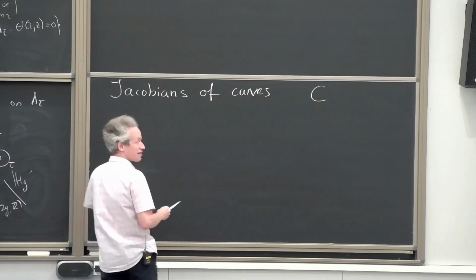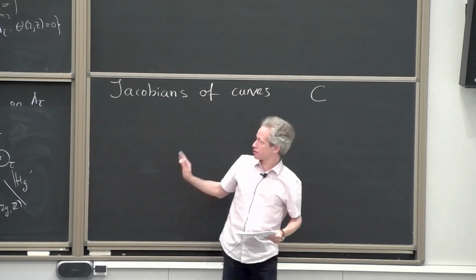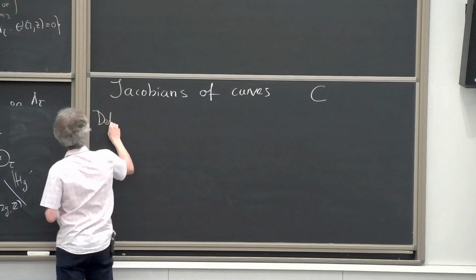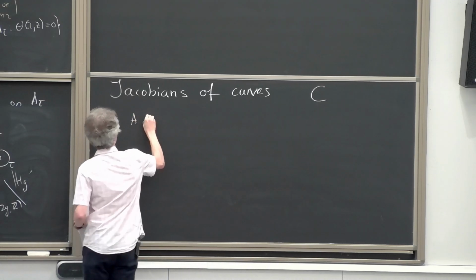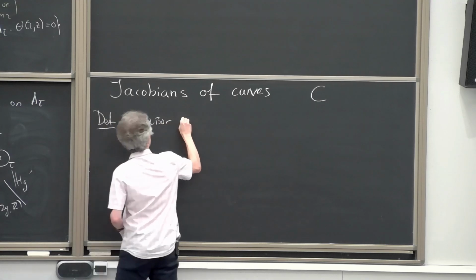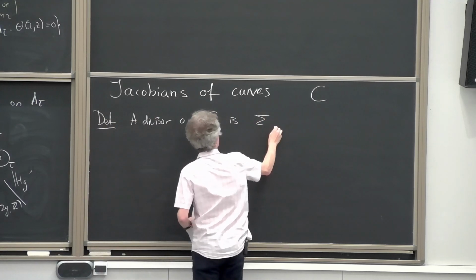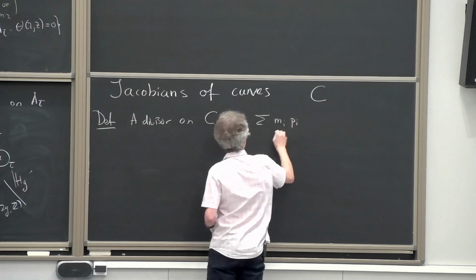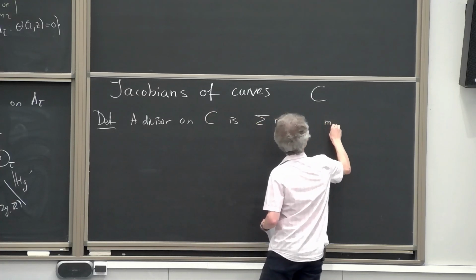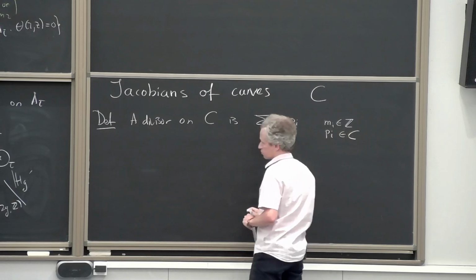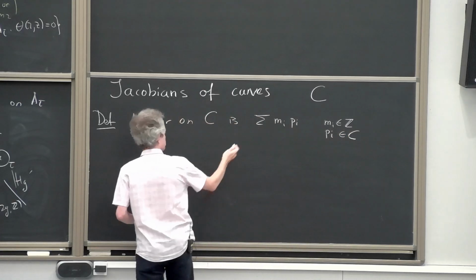So I'll have a curve C, and a divisor on C is just a sum of m_i p_i, where m_i are integers and p_i is a point on C. It's just a formal linear combination, a finite sum.